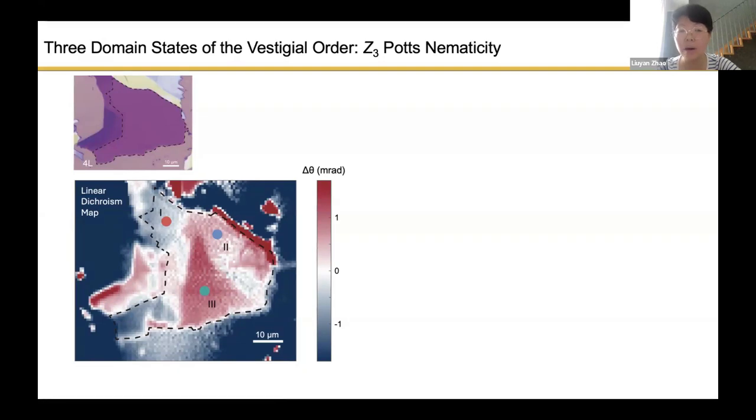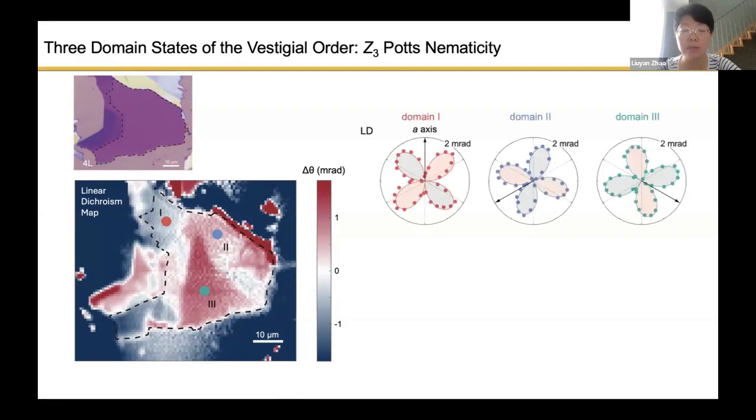So then we can park on an individual regime and plot the polarization dependence of the linear dichroism. Okay, so we can see that indeed we have 3 different orientations of the polarization dependence in these 3 regimes, and their orientation differences are 120 degrees from each other. So these are the 3 discrete domain states for this vestigial order.